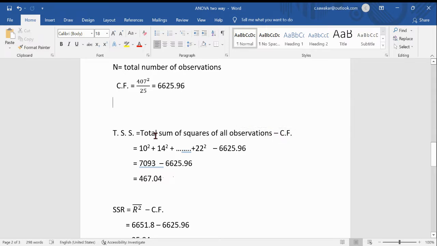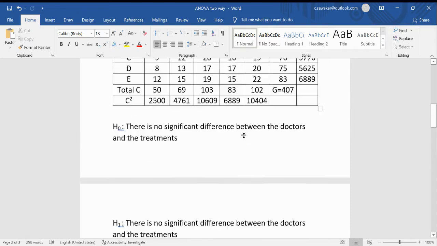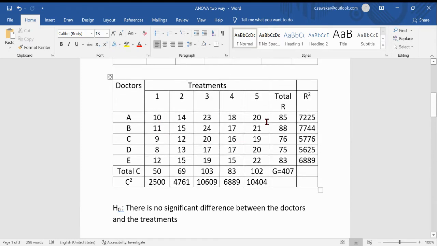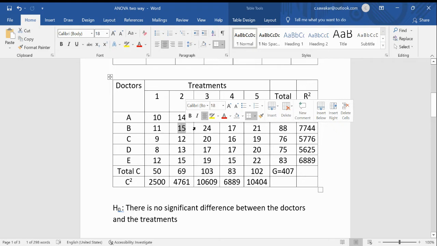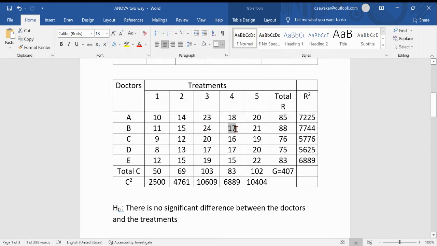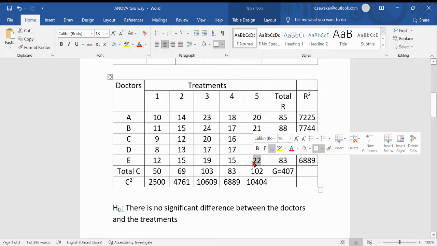Now how is it calculated? Total sum of squares of all observations. How many total observations are there? 25. So you need to calculate all these squares, that is 10 square plus 14 square plus 23 square plus 18 square plus 20 square plus 11 square plus 15 square plus 24 square plus 17 square till all this, plus 22 square.